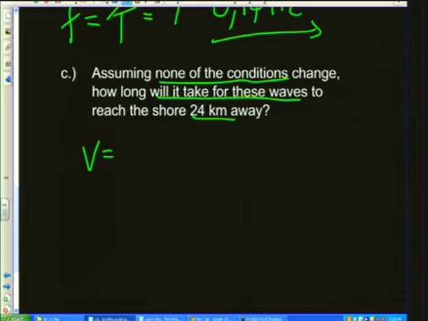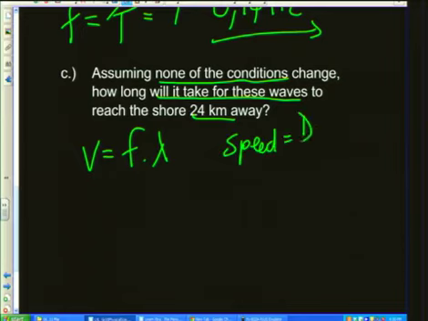Do we know what the velocity is? No, not yet, but we know the frequency and we know the wavelength. So let's get the velocity or the speed of the wave, because we know that speed is equal to distance over time. And we want to know how long. So we want to get time, and we can substitute.